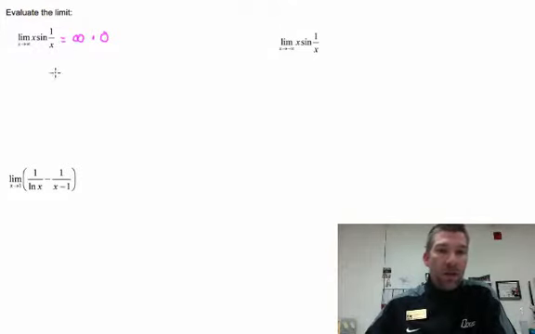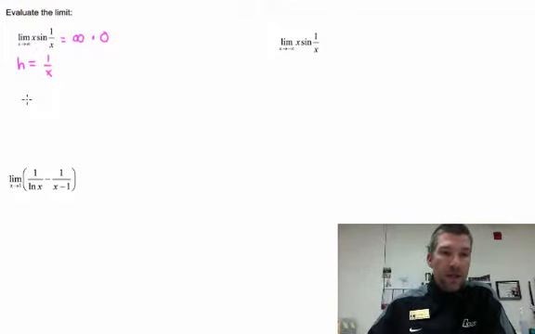So one thing that we can do that's basically an equality thing is we can rewrite this limit a little bit differently. And it's actually kind of cool how all this works. We're going to insert in here an h, and we're going to let h equal 1 over x. Okay? h equals 1 over x.